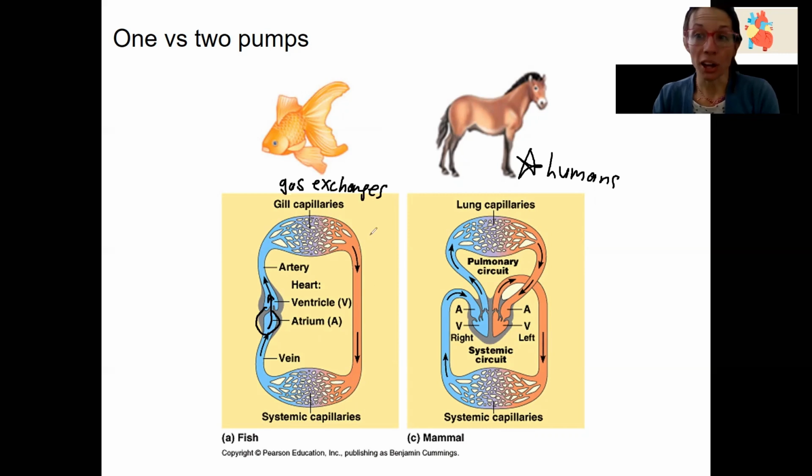So the con of this is in humans, we're basically increasing pressure at this point right here. After we get oxygen, it goes back to the heart and it's pumped out fresh again. This is going to result in a lower pressure system that is not able to work quite as efficiently. And in a larger organism, you're going to need something different. So this can work in smaller organisms such as fish.